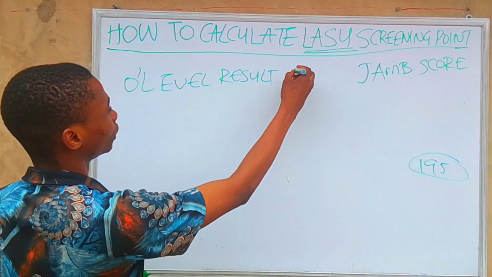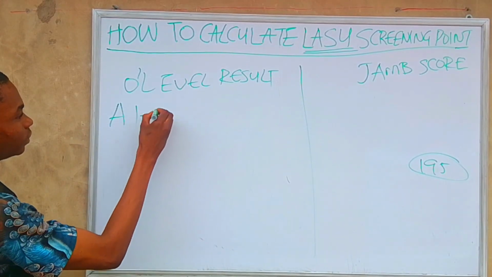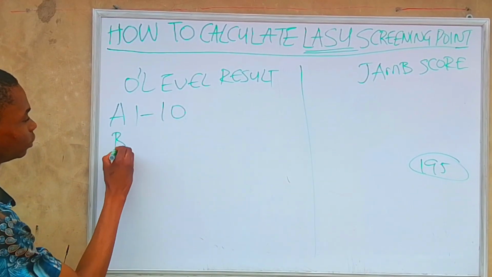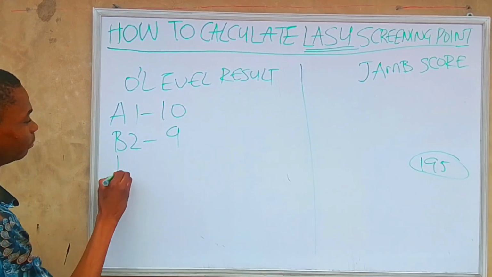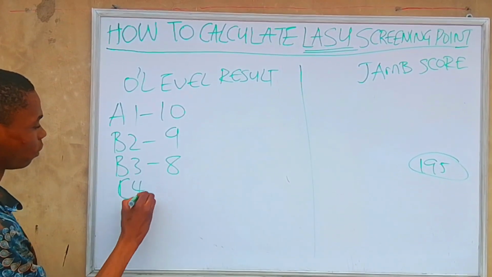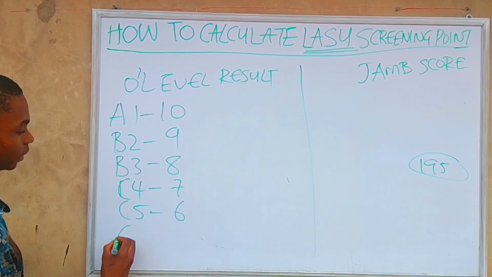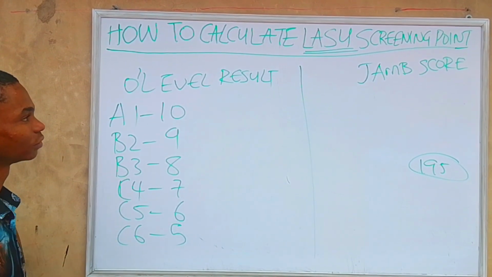So the O-level result points for LASU: A1 is 10 points, B2 is 9 points, B3 is 8 points, C4 is 7 points, C5 is 6 points, C6 is 5 points.